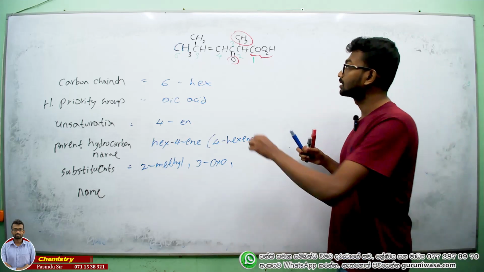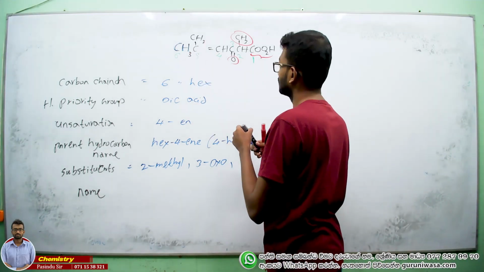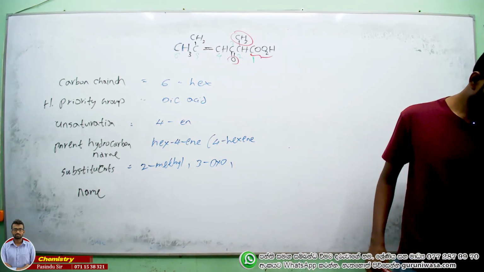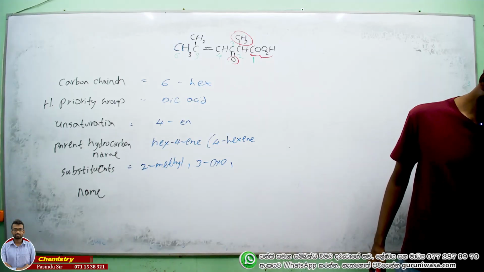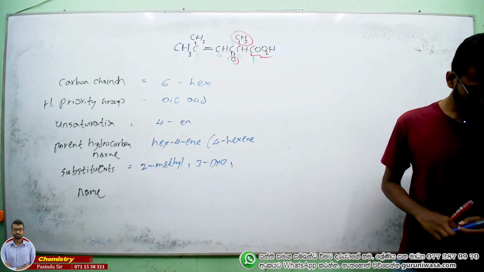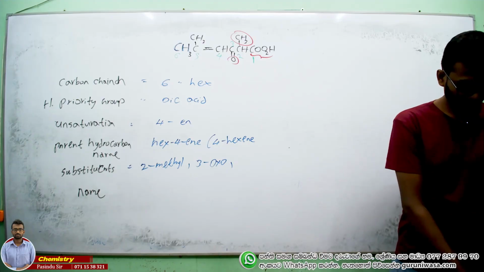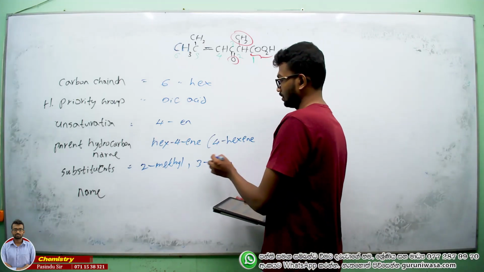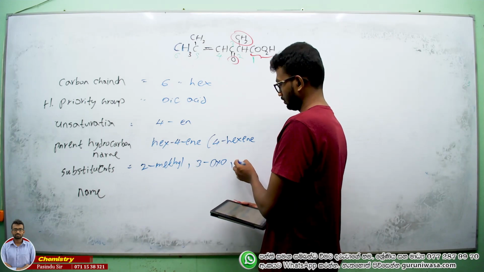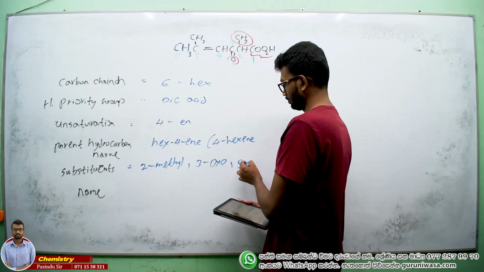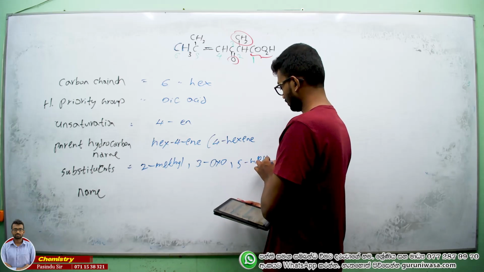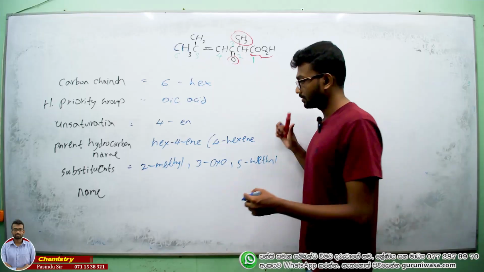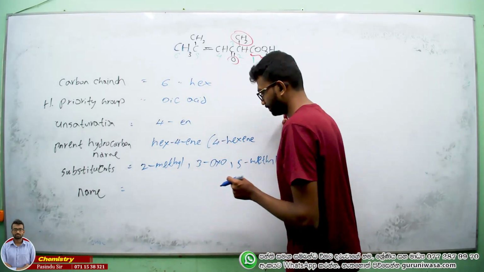Here it's not H. Here it's a double bond. So then 2, 5 methyl.